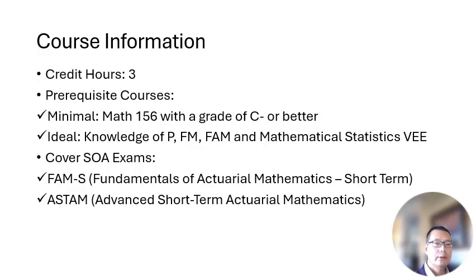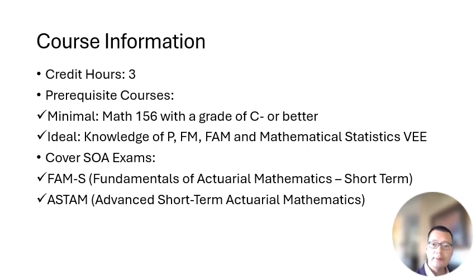So this course is 3 credit hours, and the minimal prerequisite requirement is Math 153 with a grade of C or better. Ideally, if you have knowledge of P, FM, or FAM, and mathematical statistics, VE, it will be very helpful.